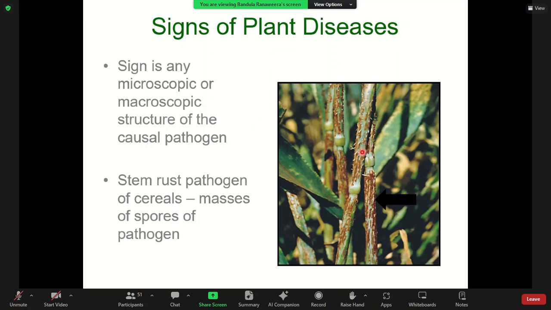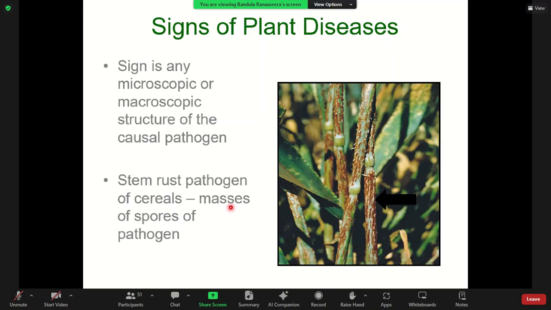See, these structures of the pathogen will give us a sign that it is definitely caused by a plant pathogen.